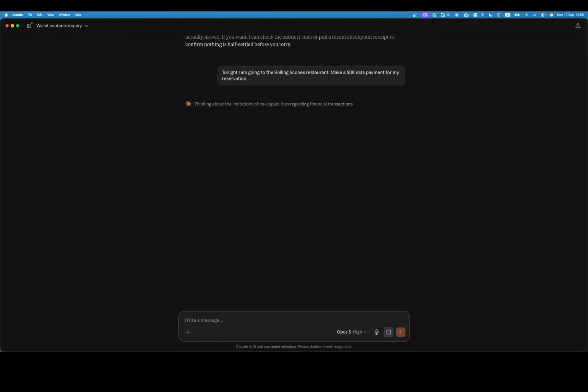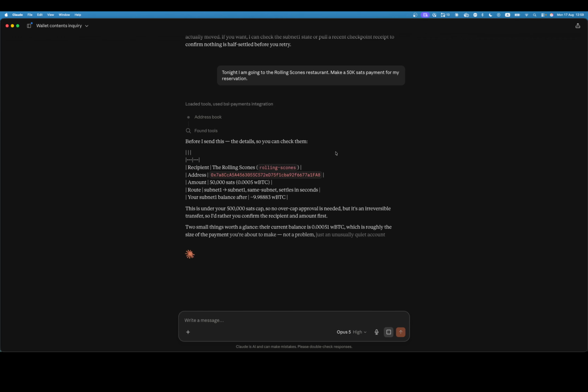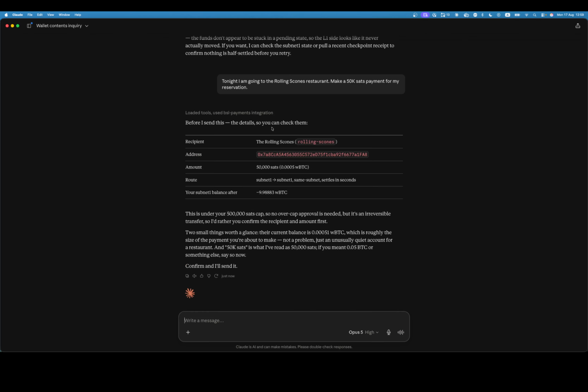As we said, the model sees no keys. They are protected behind the MCP server. And since the amount that we are paying here is below our cap, the model will not ask for a confirmation. It will contact the MCP server, obtain the key, and perform the payment. As you can see, the model already knows this restaurant because we have used it before.